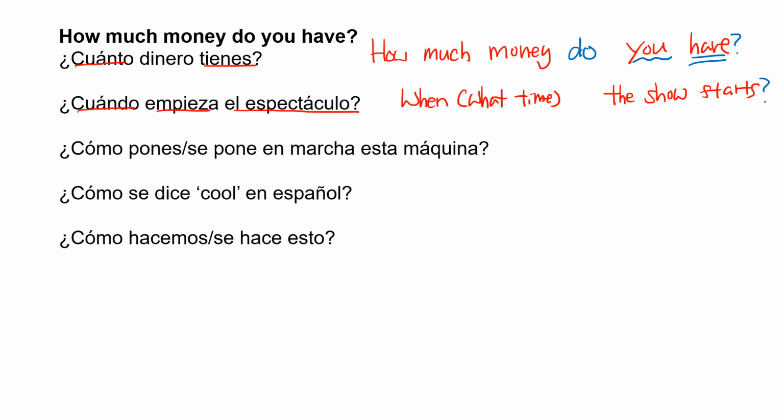And then the show is third person singular, do and does. So this one, third person singular, so you don't need S. When does the show start? When, cuando, el espectáculo empieza. But here, in English, you need to put does.